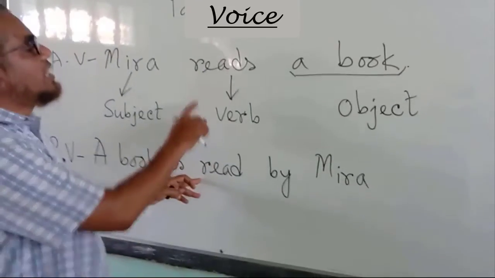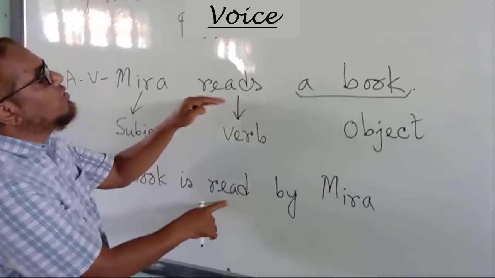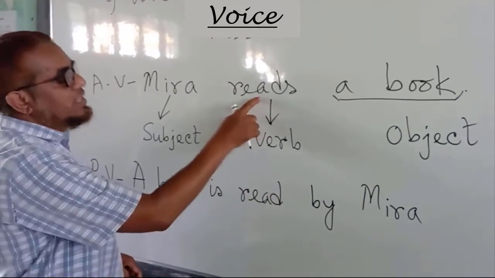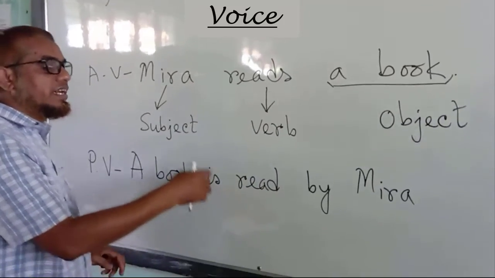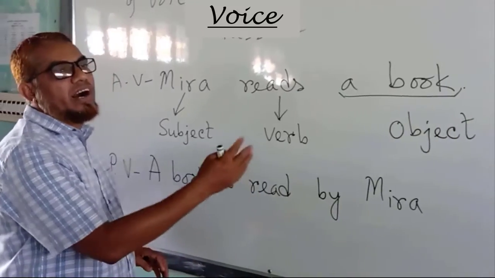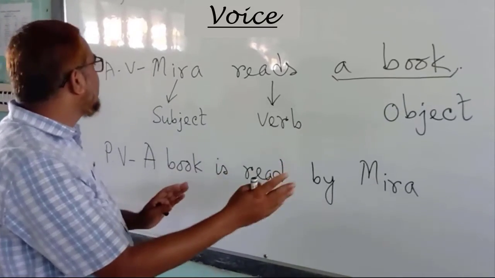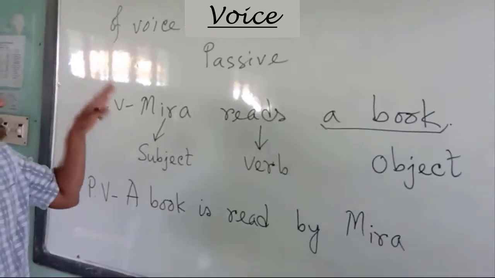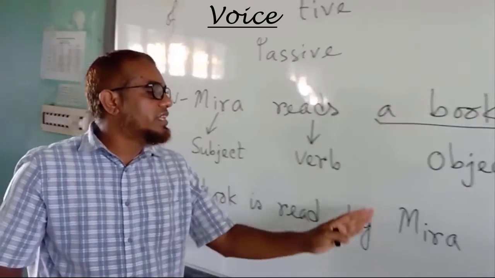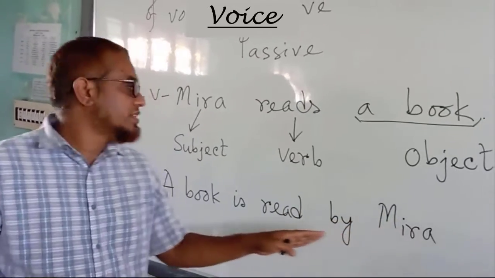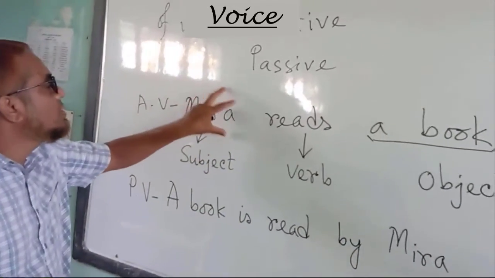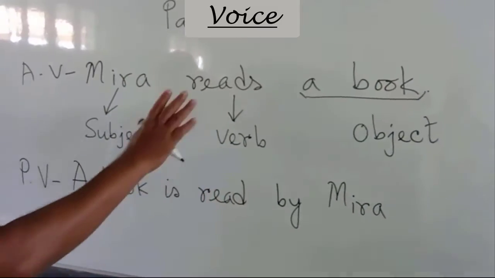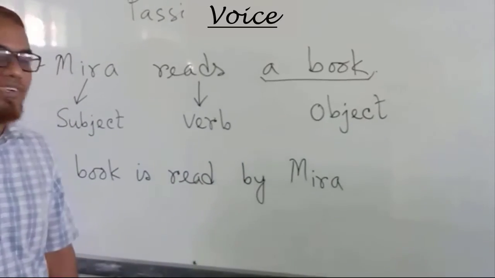Then the past participle of the verb in active voice, the past participle is read. Then we put by. And then we put the subject of active voice. If there's a name, we should write the name after by. If there's any pronoun as subject, we have to write the objective form of the pronoun.